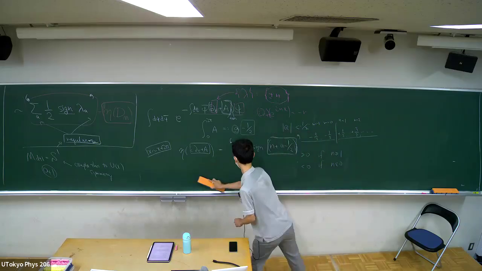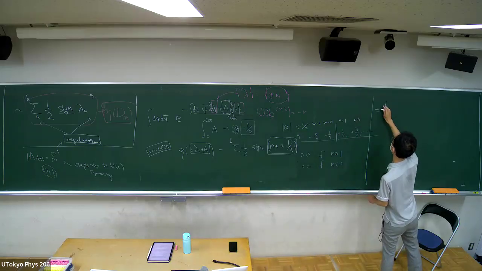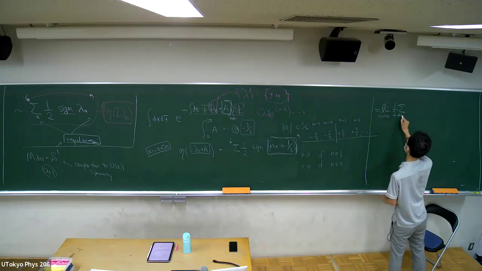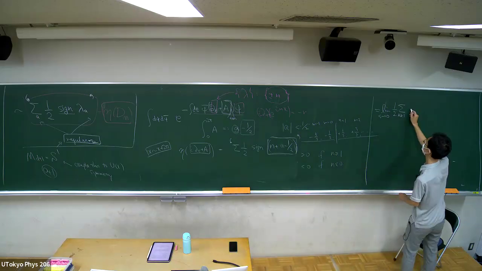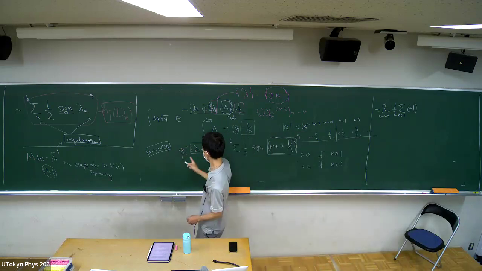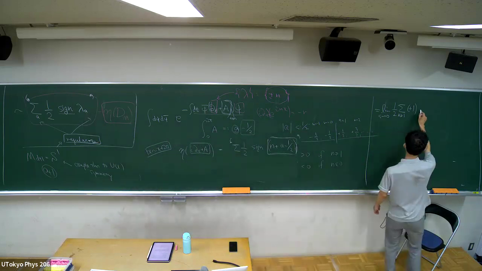Sorry, so it's the limit s goes to 0 of the following. So over the positive eigenvalues, we want to add plus 1, right? Plus 1. But this, of course, diverges.